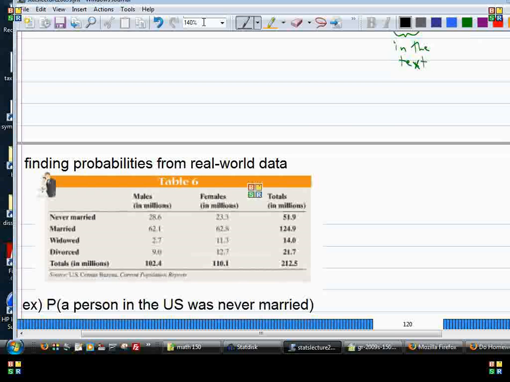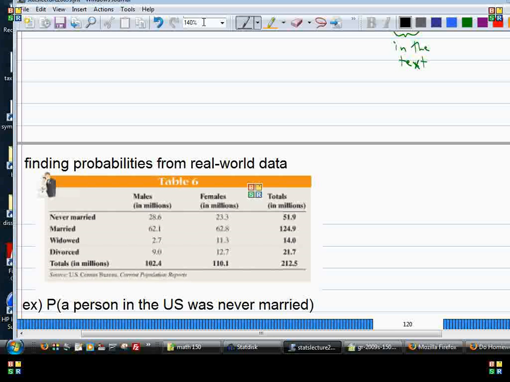Okay. How many people in the United States have never been married? 51.9 million. Okay. Now, how many total people in the U.S. are covered by this study? 212.5 million. Okay. Does everyone catch this?